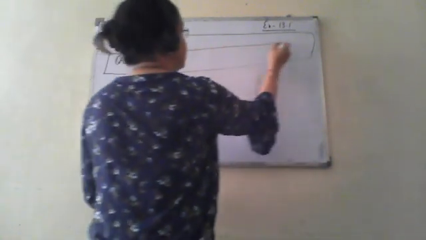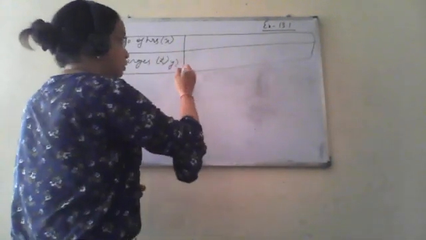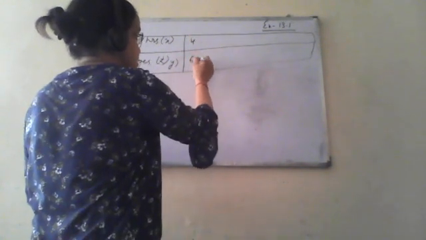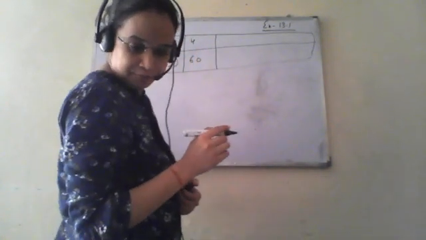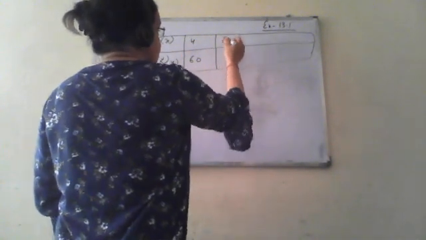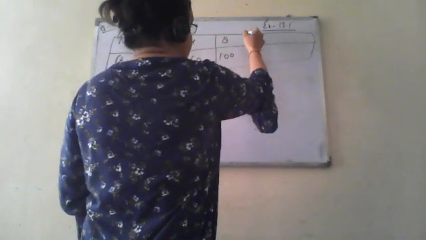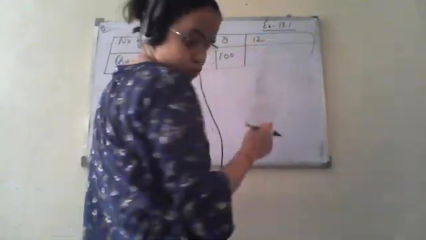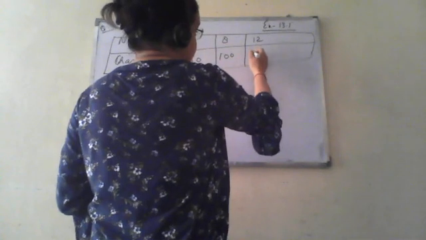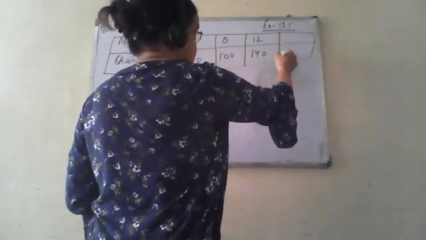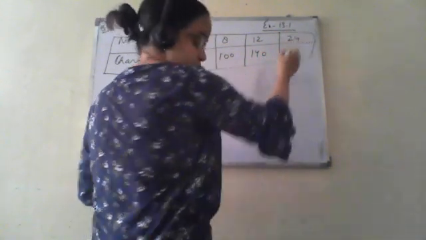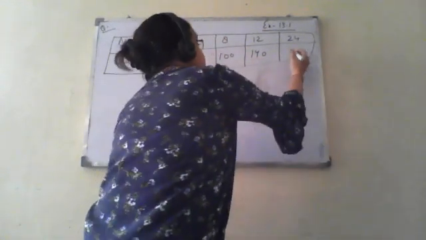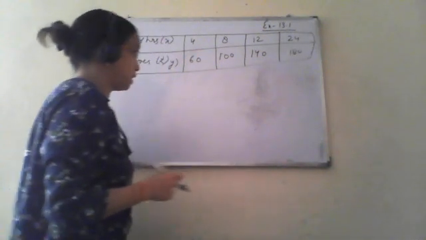For 4 hours it is rupees 60. Clear? For 8 hours it is rupees 100. For 12 hours it is rupees 140, and for 24 hours it is rupees 180. So we have to check whether they are in direct proportion or not.